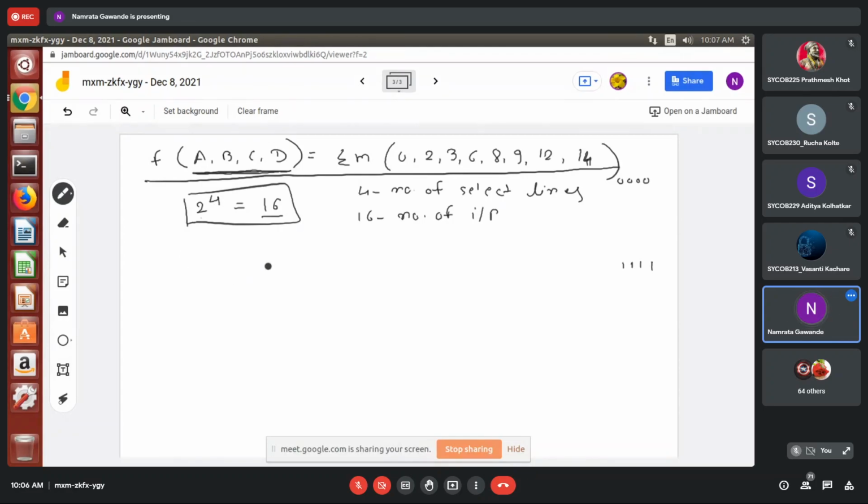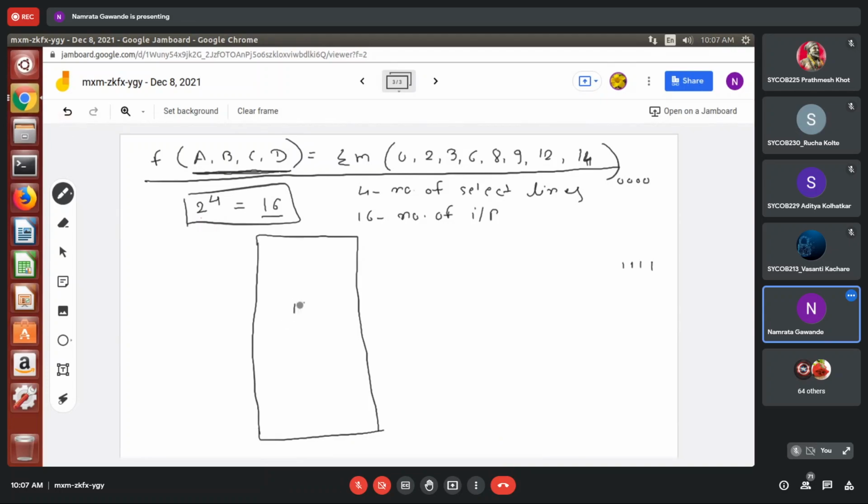Now, with this 16 to 1 mux, how many select lines are there? There are four select lines, S0, S1, S2, and S3.